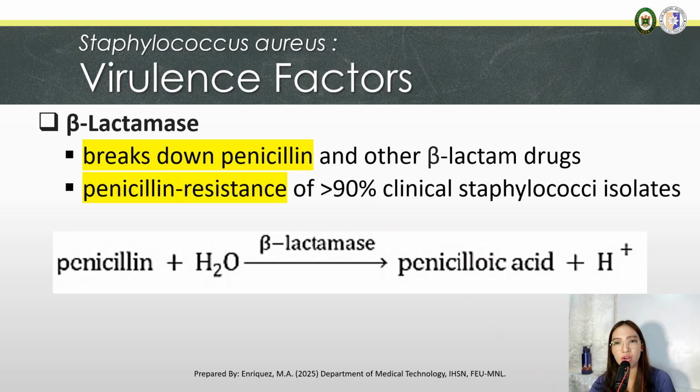So we start off with penicillin, but after the action of beta lactamase, it gets converted to penicilloic acid. Unfortunately, penicilloic acid no longer has any antimicrobial properties. All right, so again, beta lactamase is a contributor to antimicrobial resistance, specifically for penicillin.